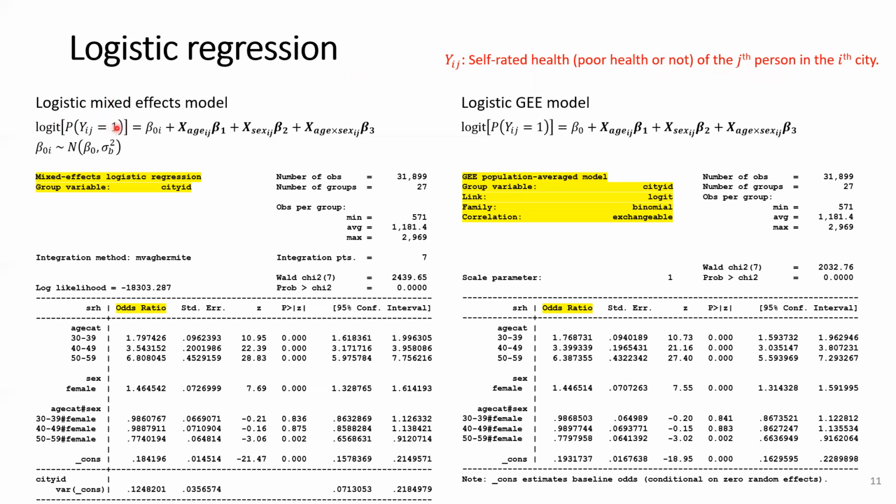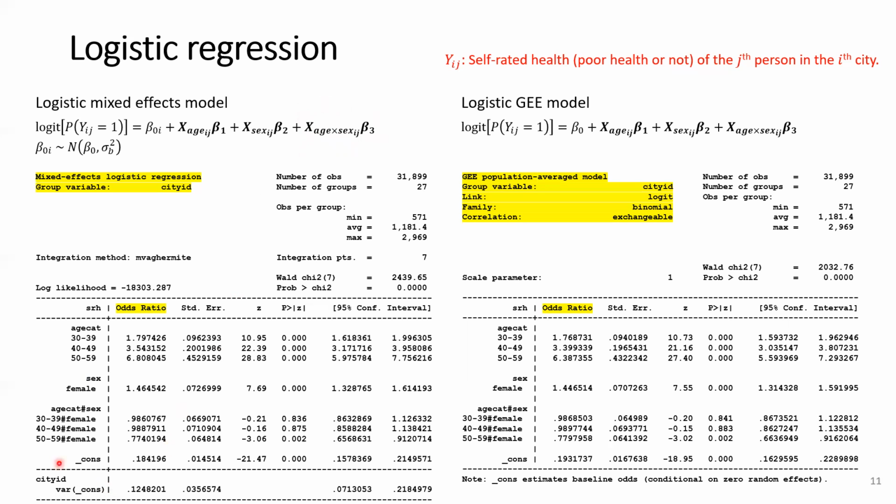And this is the equation, and the logit of this probability is given by a random intercept, which varies depending on which city you live in. And we have the term for age, the term for sex, and the term for the interaction between age and sex.